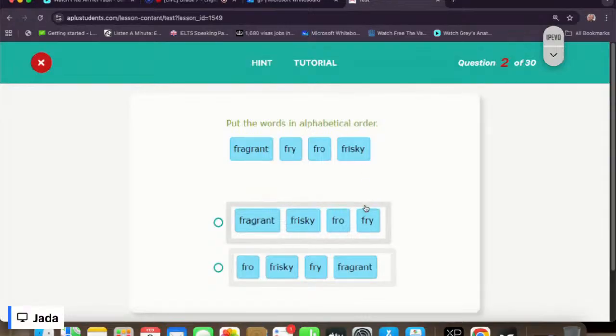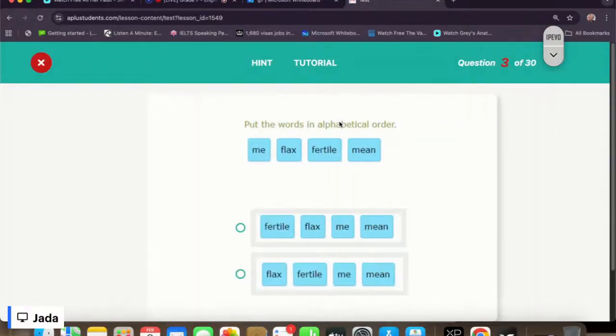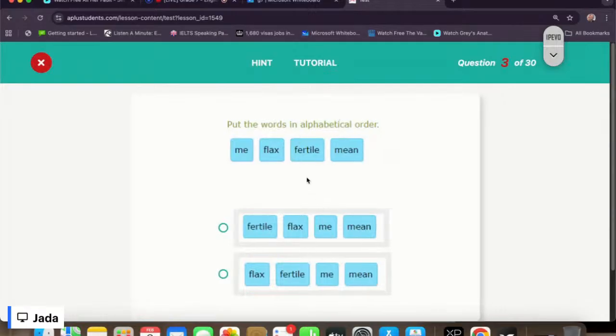So we have the first one. Then put the words in alphabetical order.